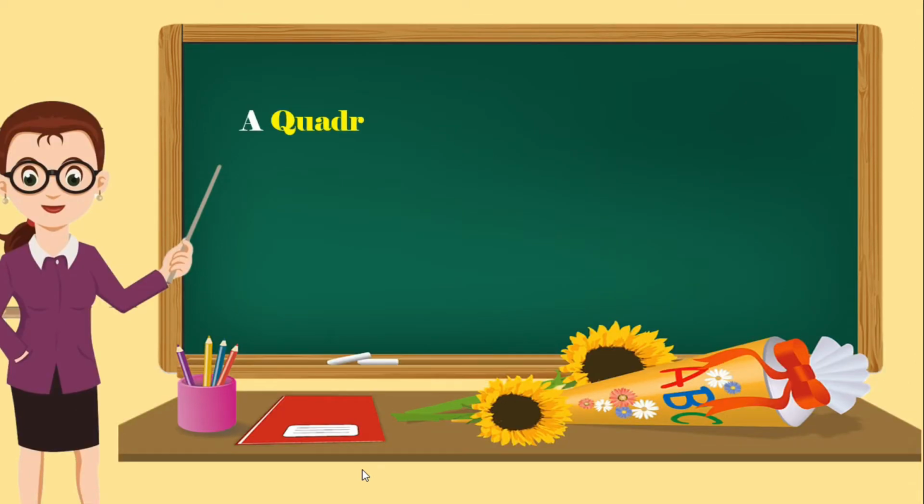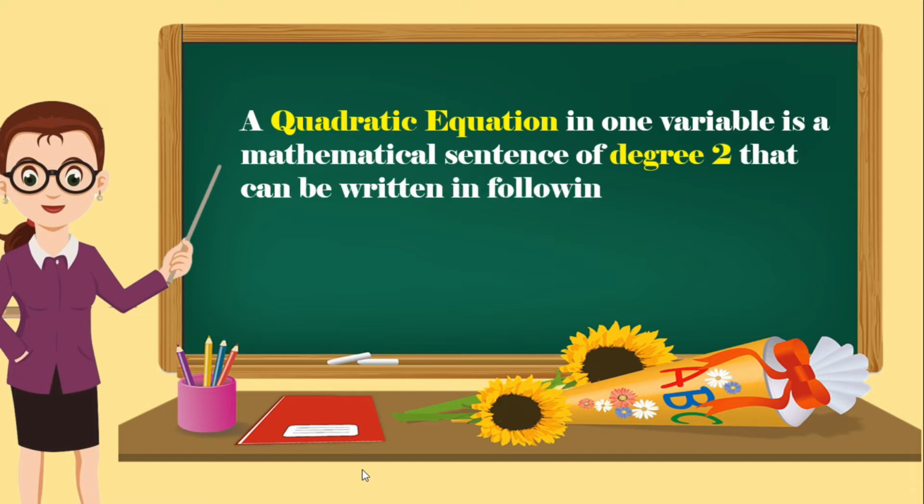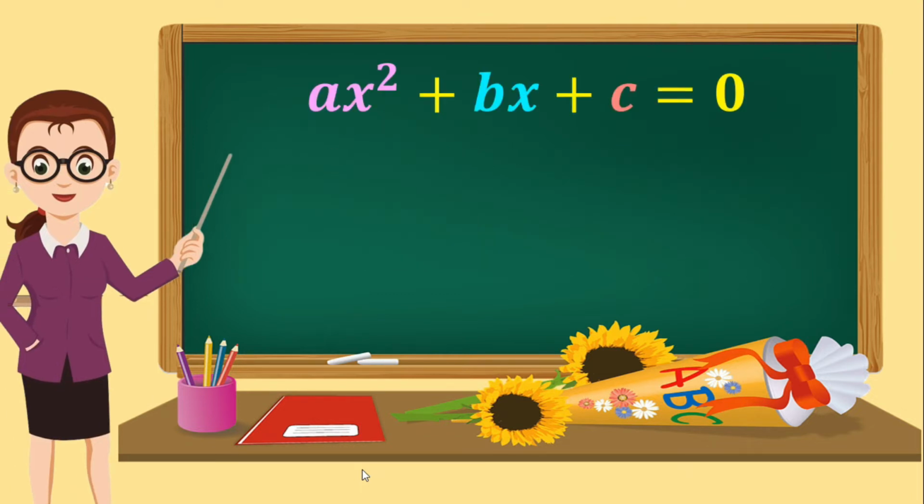To define it, a quadratic equation in one variable is a mathematical sentence of degree 2 that can be written in the following standard form: ax squared plus bx plus c equals 0, where a, b, and c are real numbers and a should not be 0.